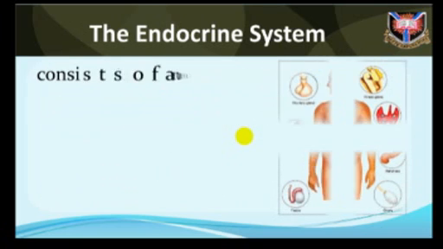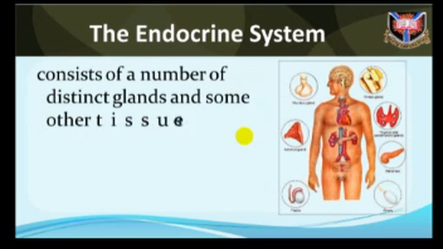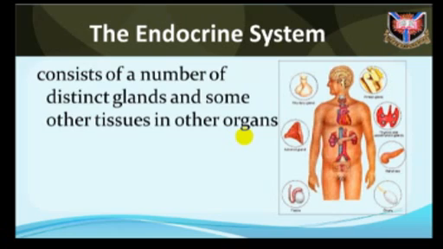The endocrine system consists of a number of distinct glands and some other tissues in other organs. Although the hypothalamus is classified as a part of the brain and not as an endocrine gland, it controls the pituitary gland and has an indirect effect on many others.